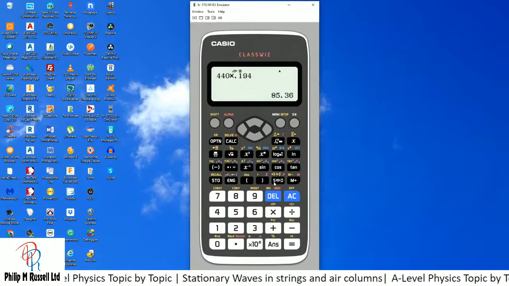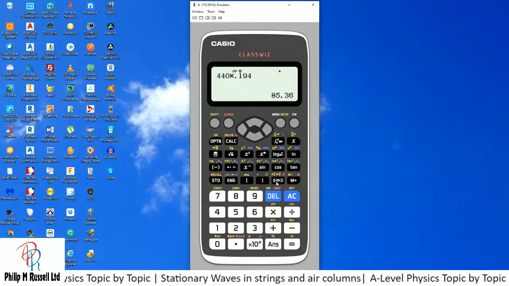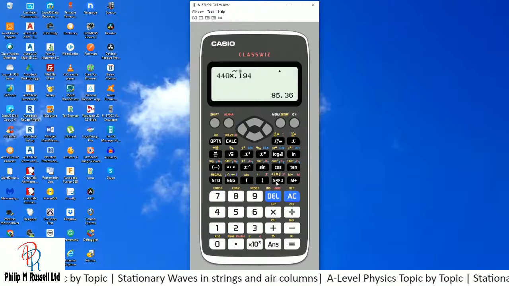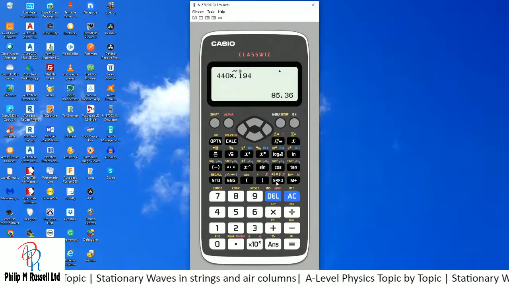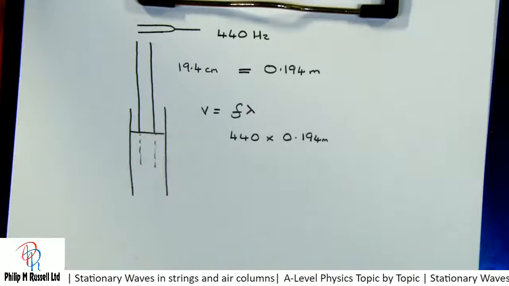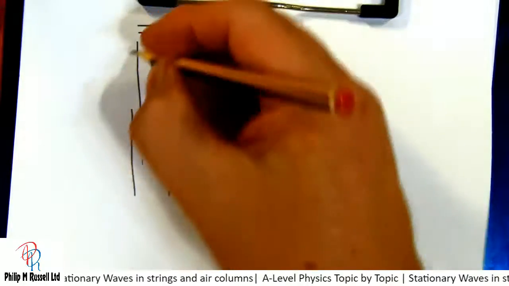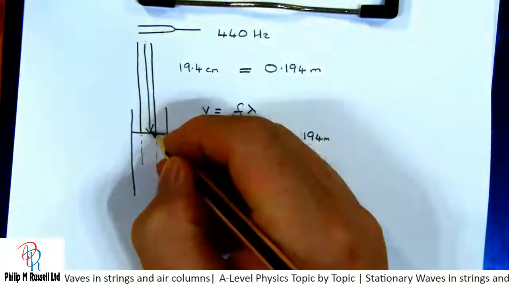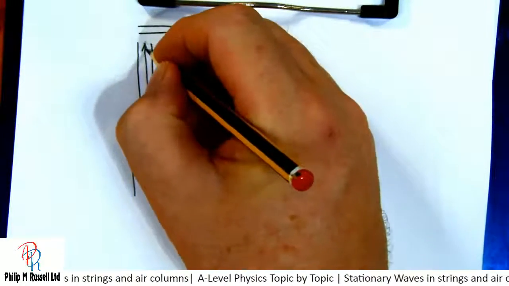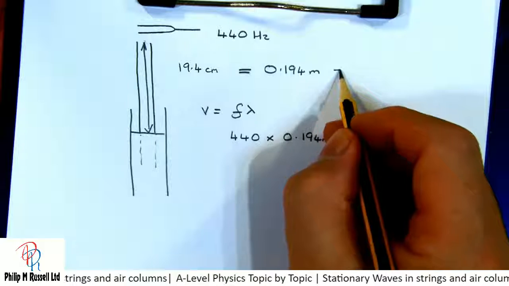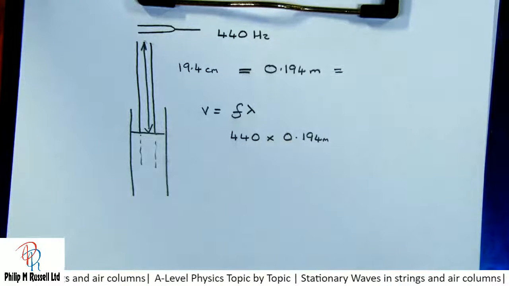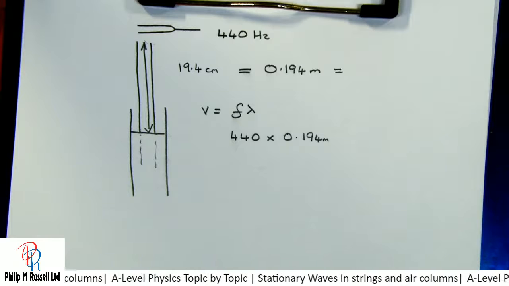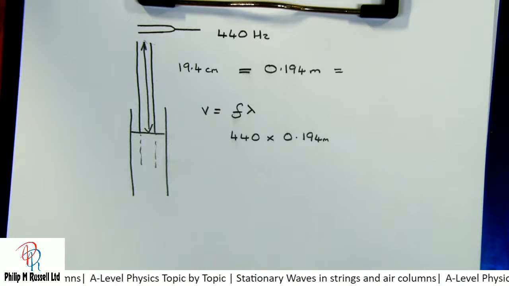So I've got an idea about my velocity, but let's think about what we've got, because I've made a fundamental mistake. You see, the sound travels down here, hits the bottom of the water and comes up. So instead of this being this length of 19.4, in fact it's double that.